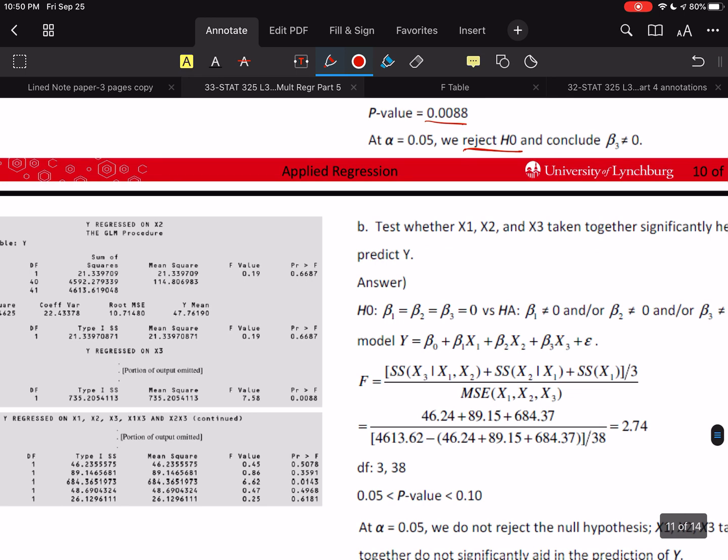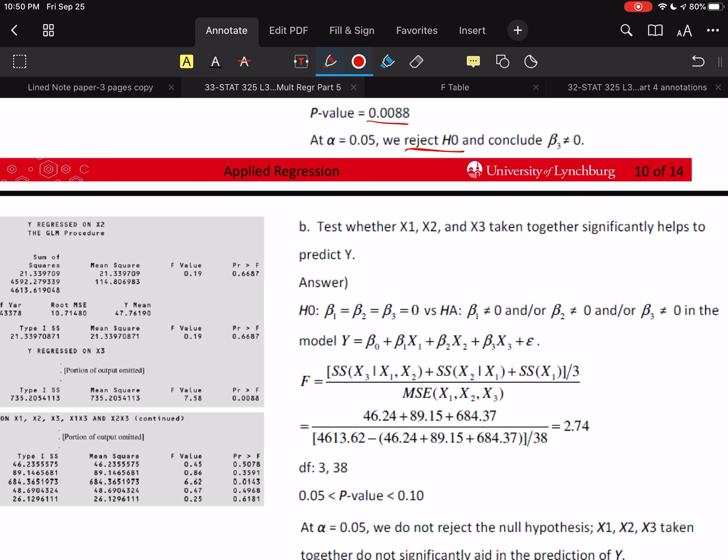Now, we want to test whether X1, X2, X3 taken together helps to significantly predict Y. So our null hypothesis: beta 1, beta 2, beta 3 are equal and equal to 0. And again, this would be better written as at least one beta i not equal to 0, i equals 1, 2, or 3.